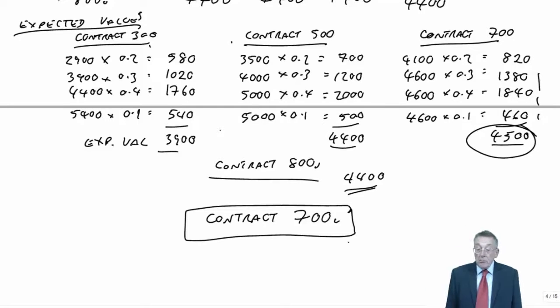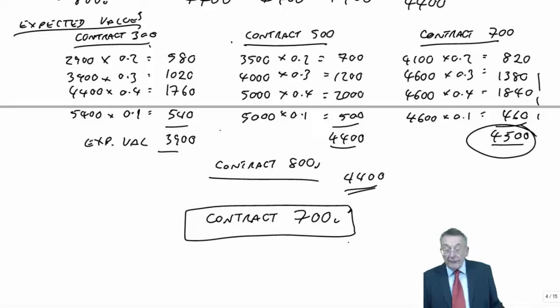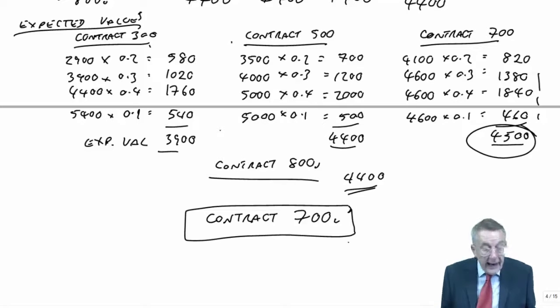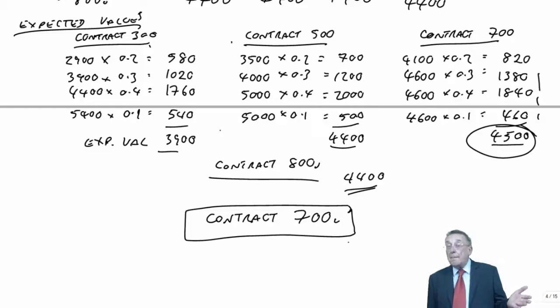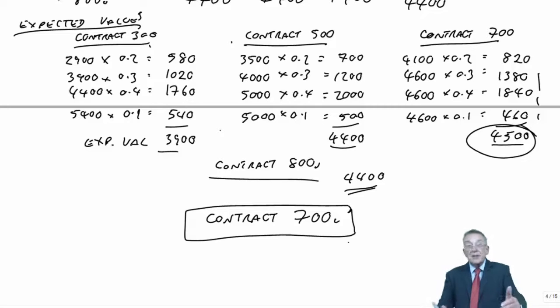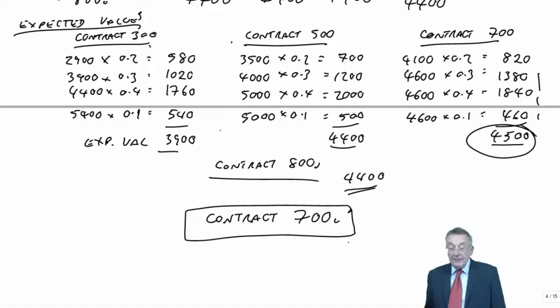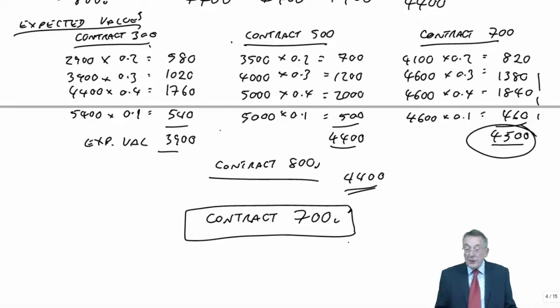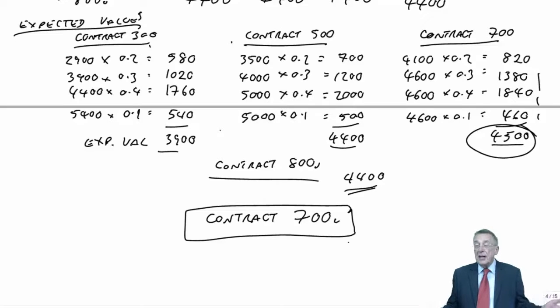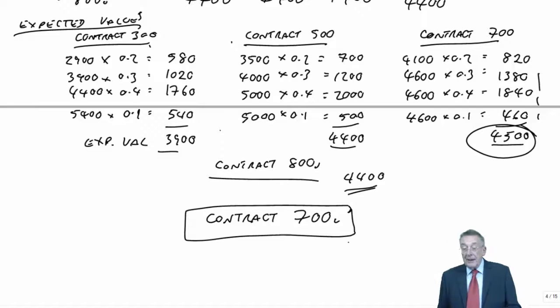Okay, no problem. Contract for 700 and expected 4,500, except as I said before, that'd be fine if it was something that kept repeating. You know, some weeks we sold 400, some weeks we sold 500, 700, 900. As a one-off, it's a problem.